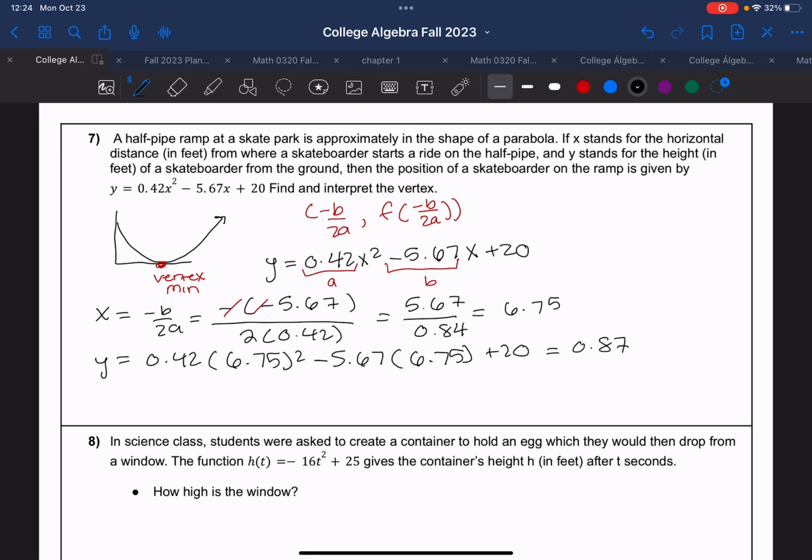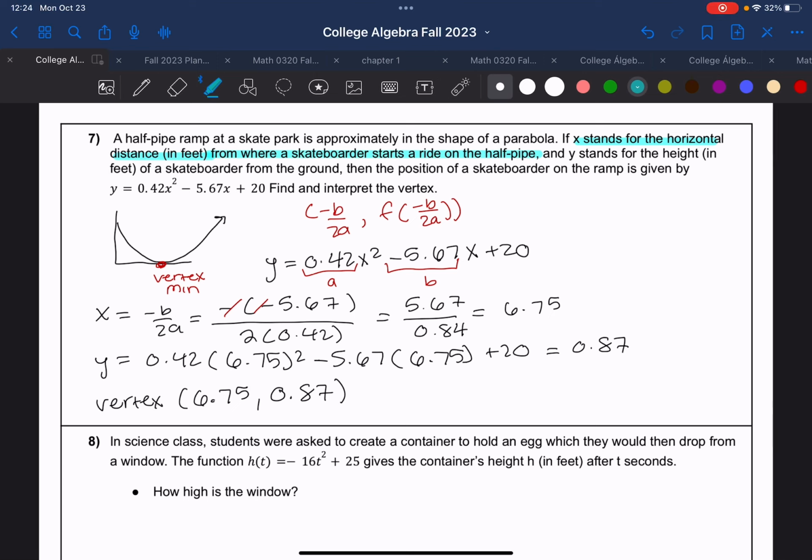This means that my vertex is 6.75, 0.87. Remember that our x value, right here in our problem, stands for the horizontal distance in feet from where a skateboarder starts a ride on the half pipe.